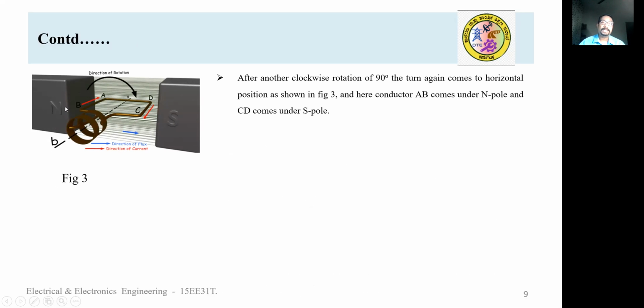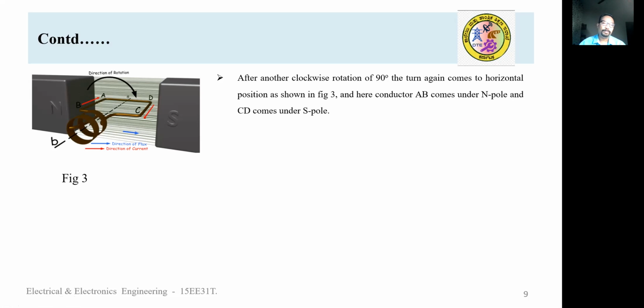Previously, in coil side CD, the current was moving away from the observer. Now, in coil side CD, the induced EMF is moving towards the observer. That means in this diagram, the induced EMF has changed its direction.